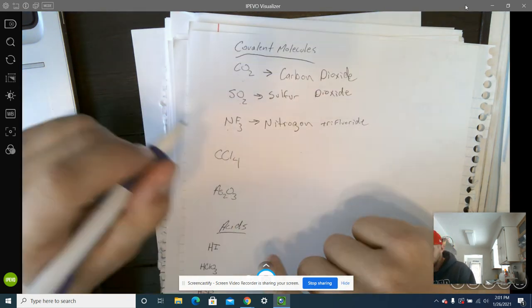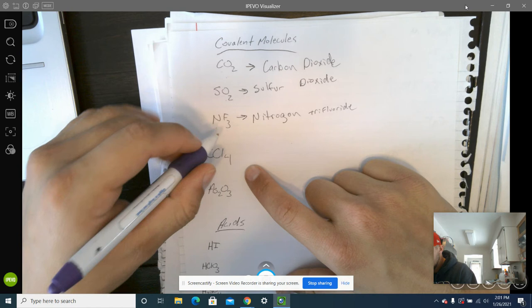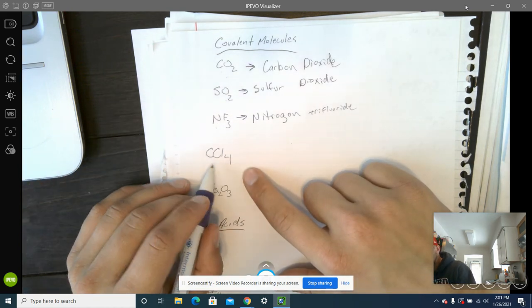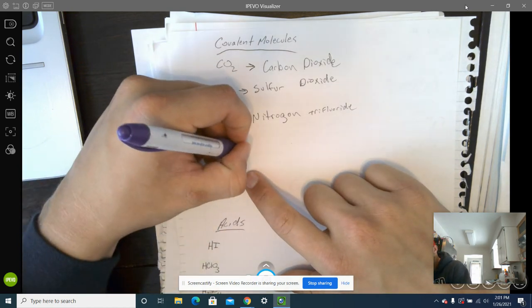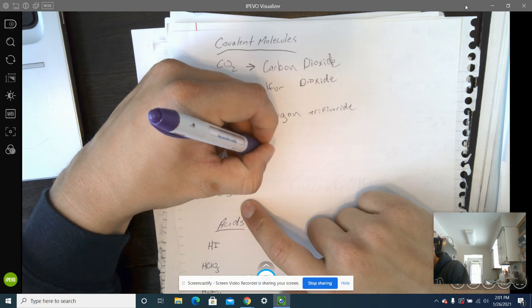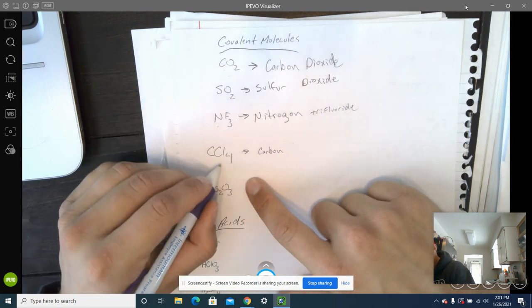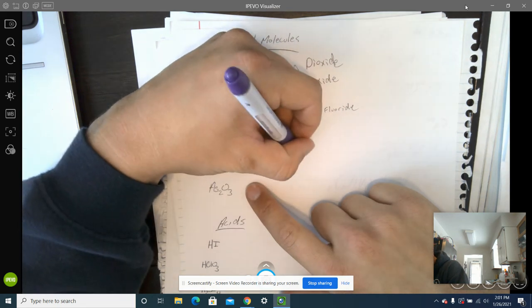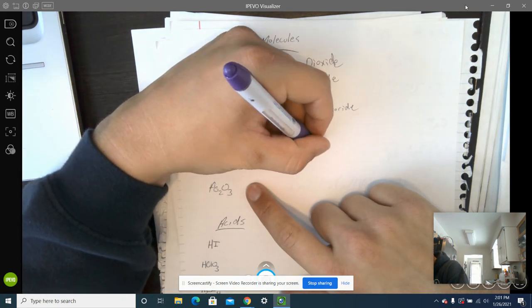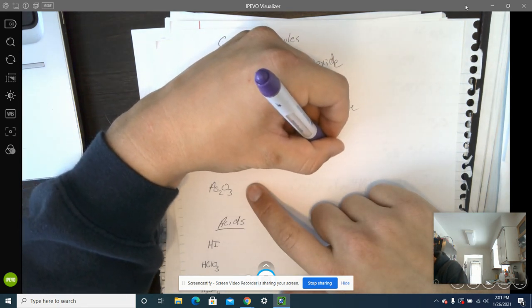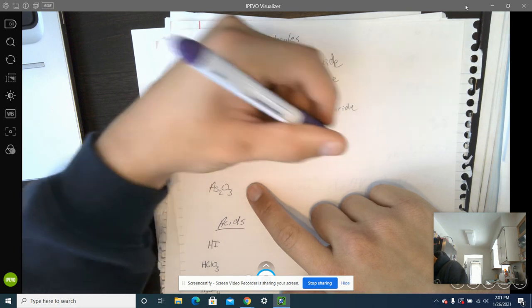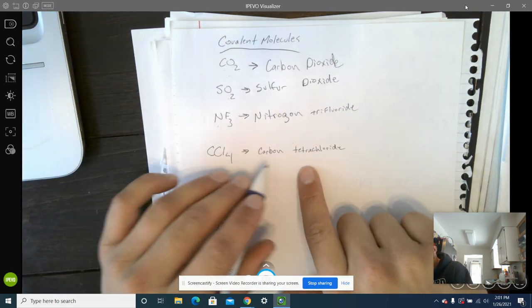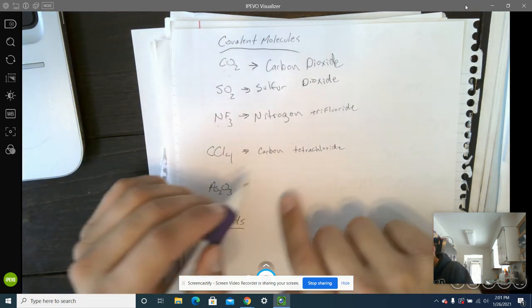Okay, excuse my handwriting. Next, we have CCl4, so we have one carbon, so this is going to just be carbon, and 4, meaning tetra, so carbon tetrachloride. Because of the 4, that's where we use that root word tetra.